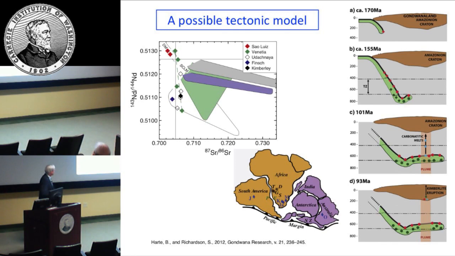But Ben and Steve hypothesized, based on majoritic garnets that he's analyzed from Juvenile, and I'll talk about those in a second, that when you put together Gondwana like this with a subduction system off to the northeast, a slab comes down like this, brings material down into the top of the lower mantle, and a plume coming up picks up material from this particular slab, brings it up with carbonatitic type melts, and sticks it into the Amazonian craton.